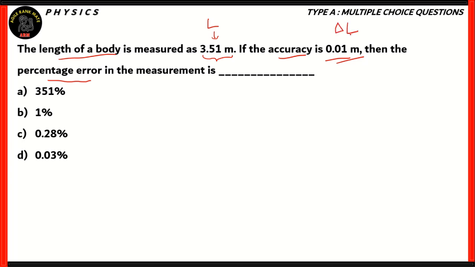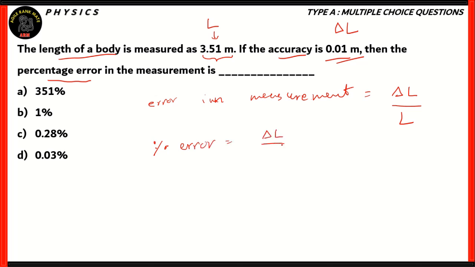We represent that as delta L. Okay, now error in measurement is equal to delta L over L. However, when the error has to be shown in percentages, the percentage error would be delta L over L multiplied by 100. So in this case, delta L is 0.01 over L, which is 3.51, multiplied by 100.